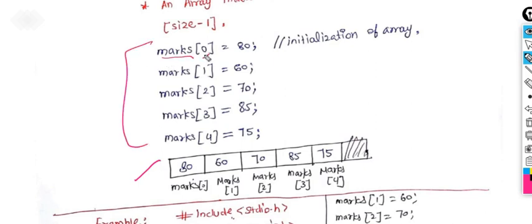Marks[0], the subscript is showing the index value, the 0th index. So the first value of the marks will be 80, that I have assigned here, right? Next, what is assigned here? At index 1 of the marks, the value 60 is assigned, right? Then index 2, 70, index 3, 85, index 4, 75.